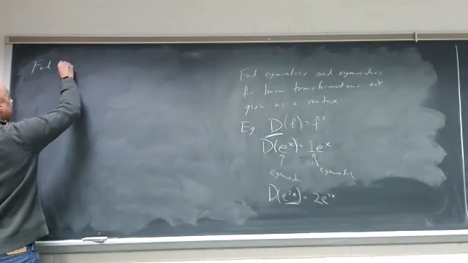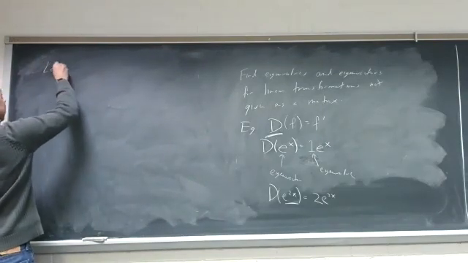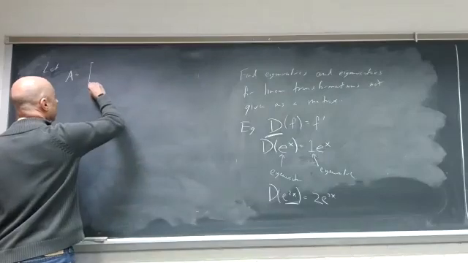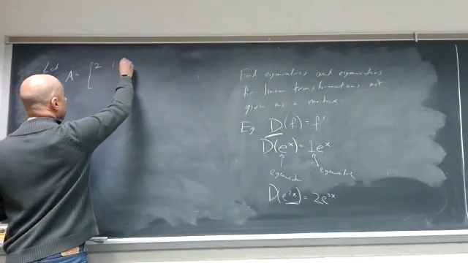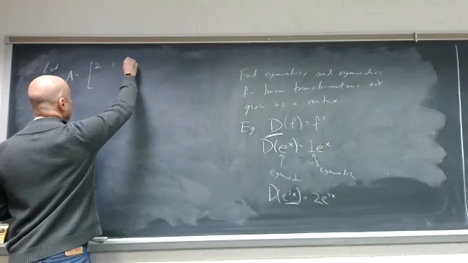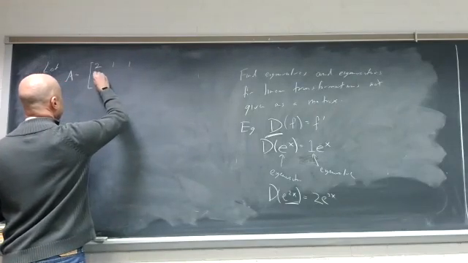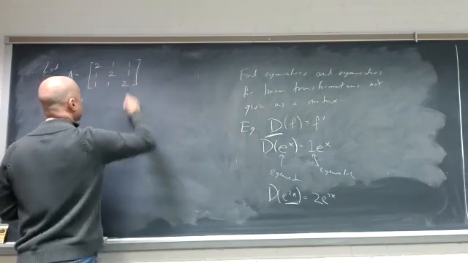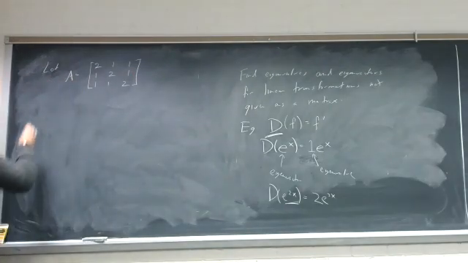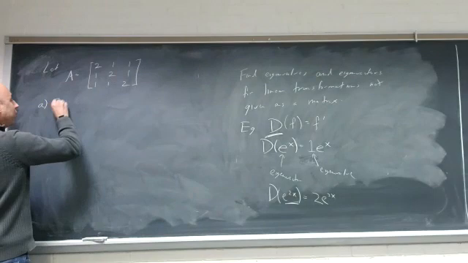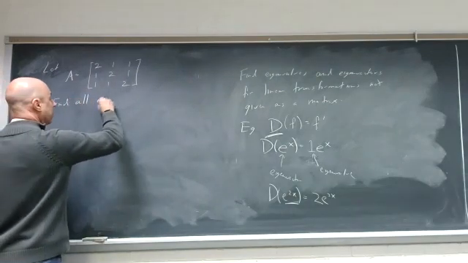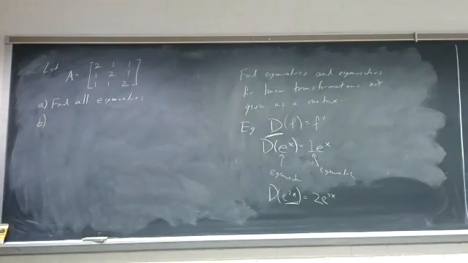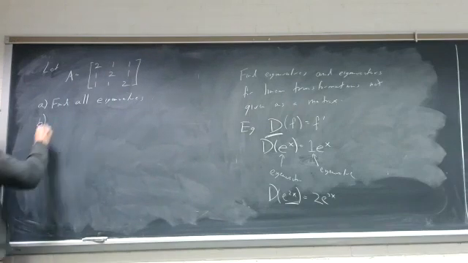Let A be 2, 1, 1, 1, 2, 1, 1, 1, 2. Find all eigenvalues. For each eigenvalue, find a basis for the eigenspace.